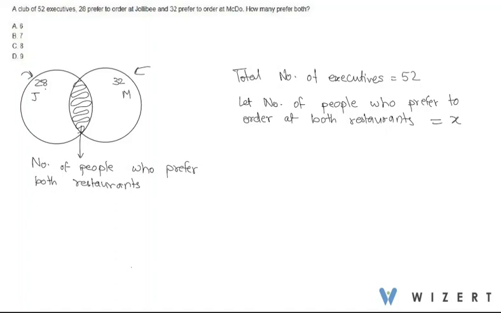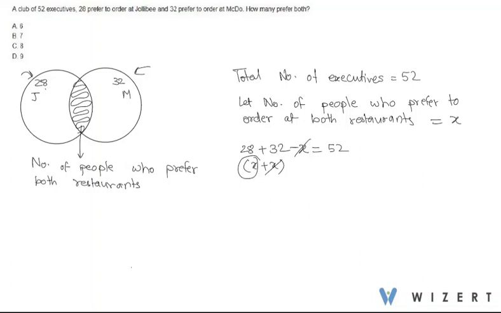Now if we add 28 and 32, 28 plus 32, in this addition, if I want this addition to be equal to 52, I need to observe carefully that in this addition I have already added x 2 times, because this overlap part has been considered twice, once in 28 and once in 32. So in order to cancel out the extra x, I will have to subtract 1x from here. Now plus x minus x have cancelled out, and this x has been considered only once, which is required.